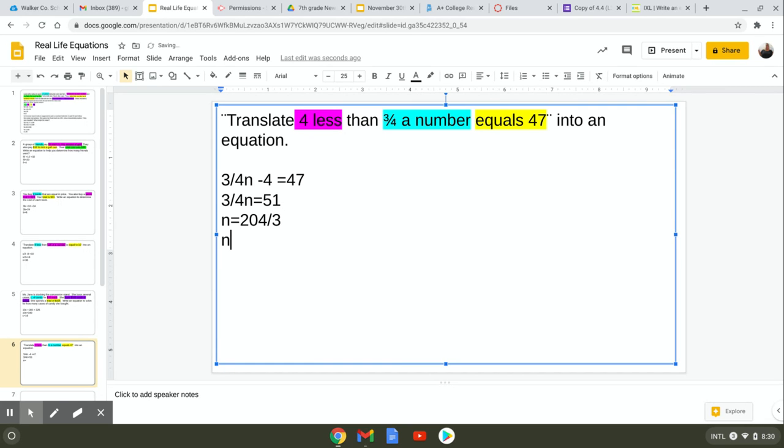And 204 divided by 3 is 68. Let me make sure that's right. Yes, n equals 68.